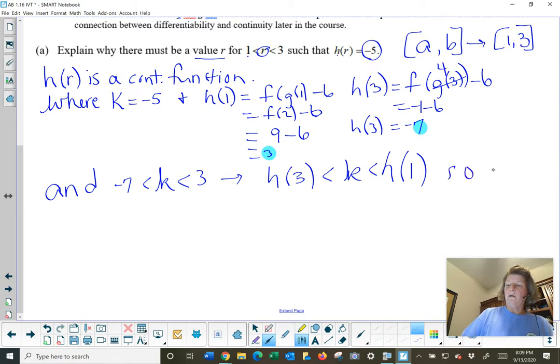So the IVT, the intermediate value theorem, can be applied.